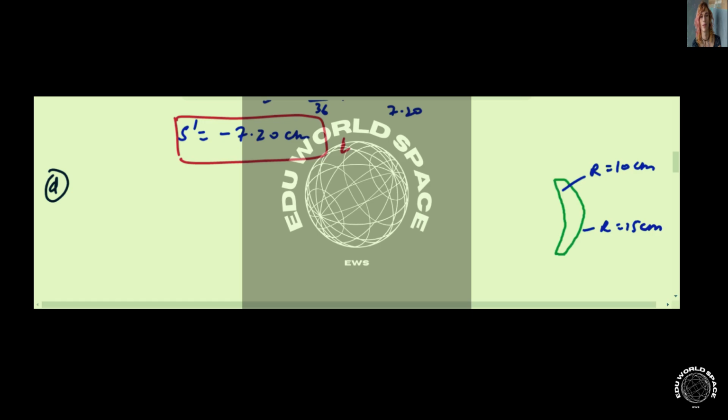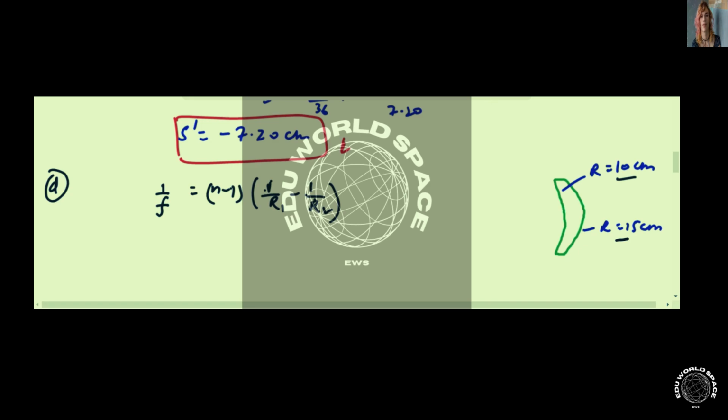No problem. So let us start with the 1 by f formula, 1 by f equal to n minus 1, 1 by r1 minus 1 by r2, where this is r1, this is r2. So we will be taking both negative, as this is towards the left.